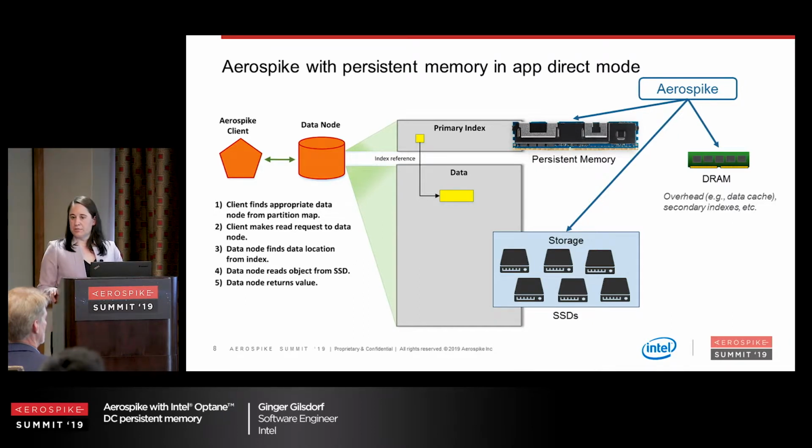I think Srini was talking about having customers hold on to Aerospike for years because they didn't want to go through the pain of upgrading, knowing that shutting down their systems could take a couple hours at a time to get one system up and running. So let's put that index in persistent memory. Let your data reside in storage, however you choose to do that. You still have DRAM, totally up to you what you do with that. Again, this particular use case is really showing the benefits of both Aerospike and Intel Optane DC persistent memory.